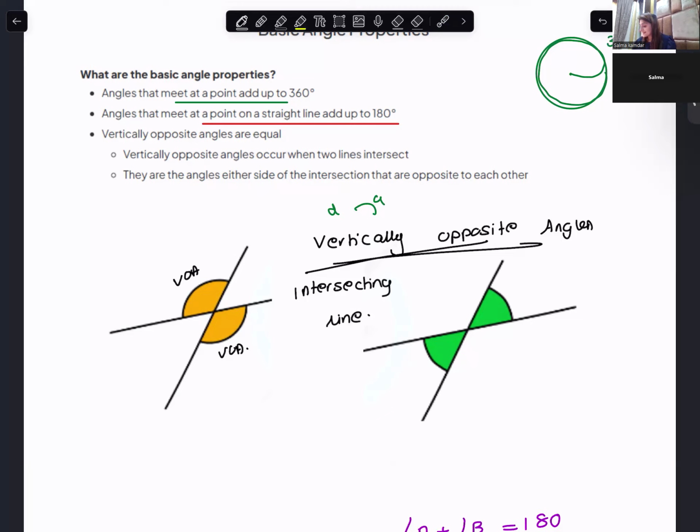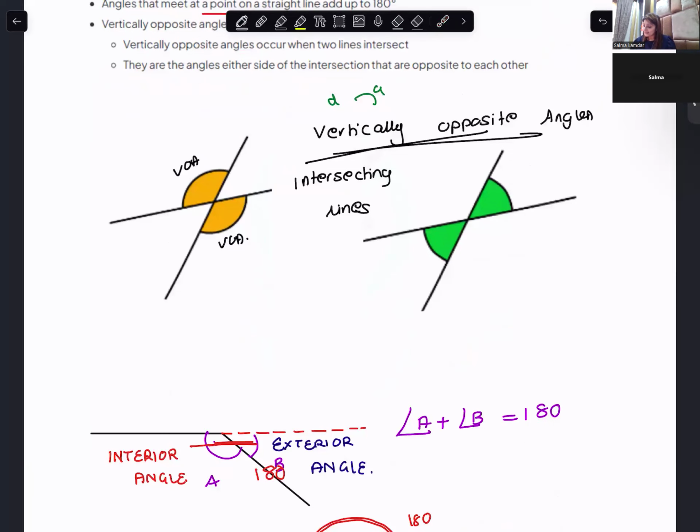So I have two lines that intersect each other. We have angle pairs, vertically opposite angles, either this and this or this and this. Vertically opposite angles are always equal. So if this angle A is 130 degrees, angle B would also be 130 degrees.